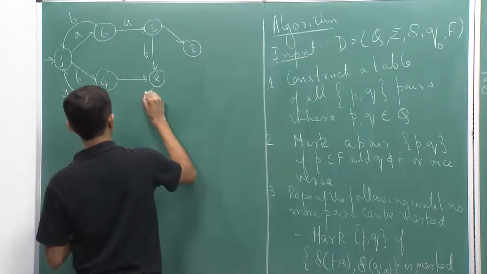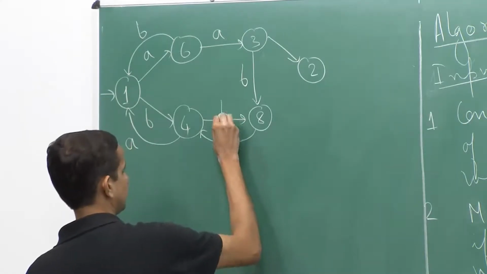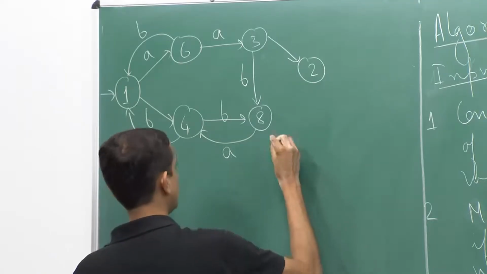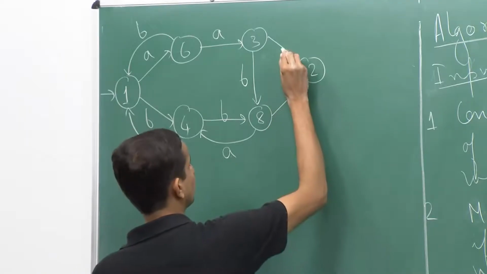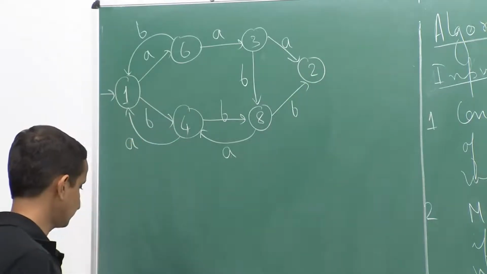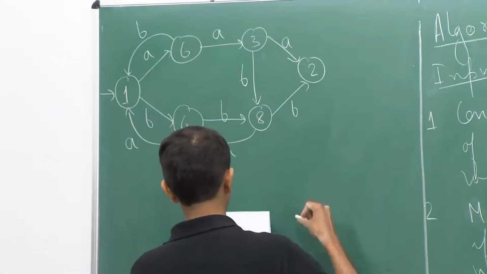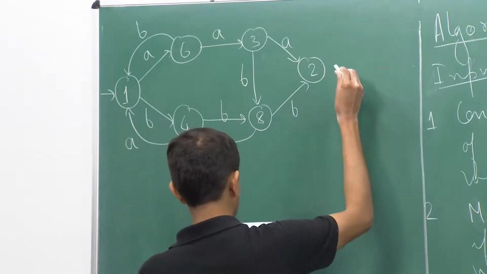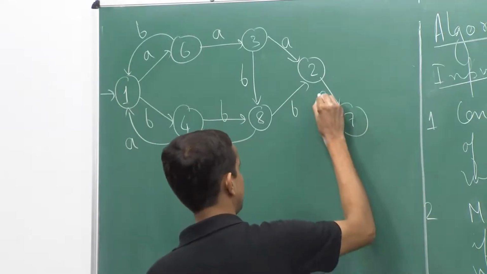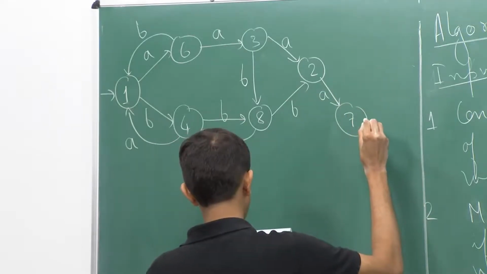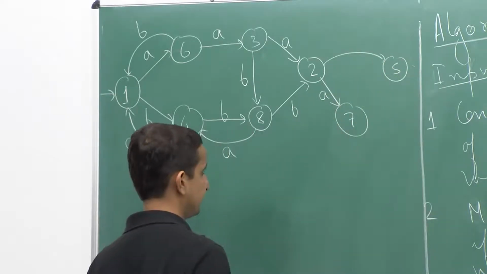From 8 on an A I go to 4, and on B I go to 2. So, it is done. From 2 on an A I go to 7, and on a B I will go to 5.